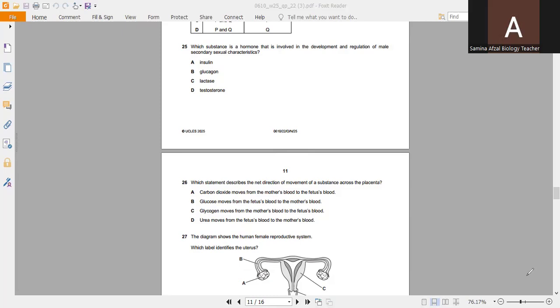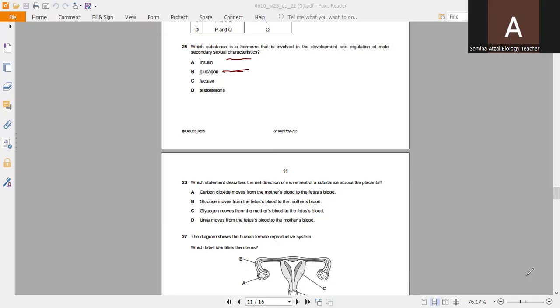So insulin is a hormone produced by the pancreas that regulates blood glucose level, and glucagon is another pancreatic hormone that raises the blood glucose levels. So it breaks down glycogen into glucose. Insulin maintains the glucose level.